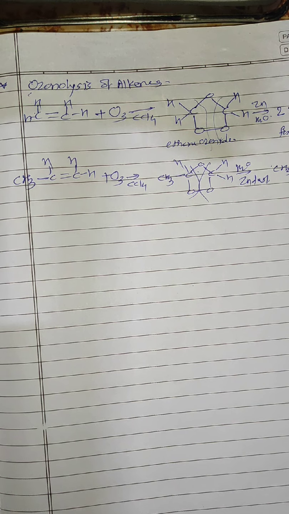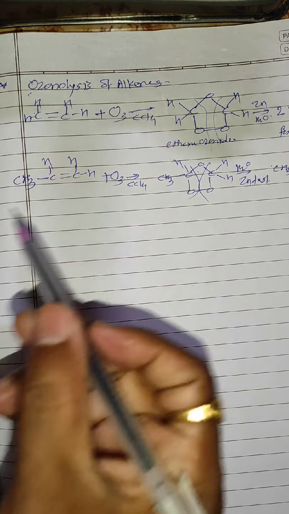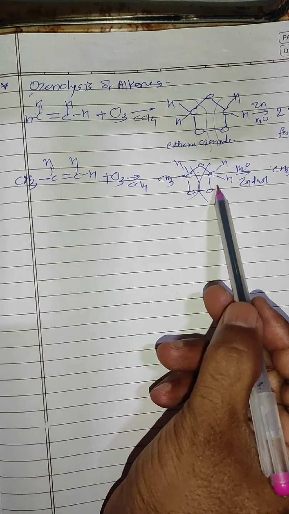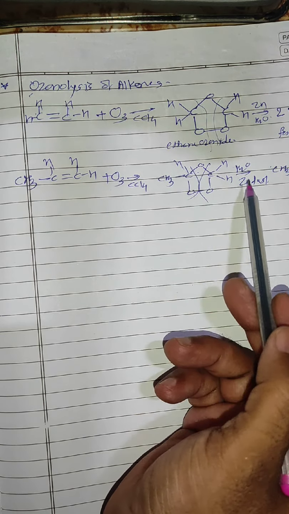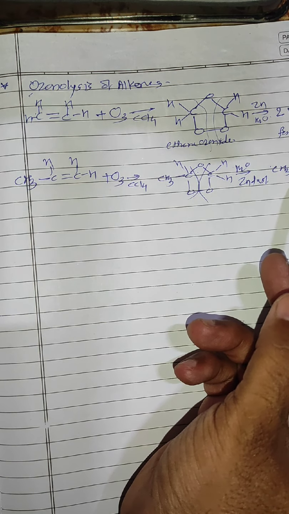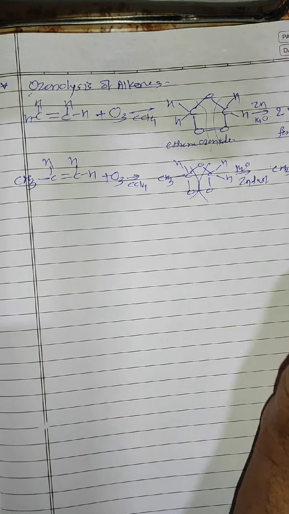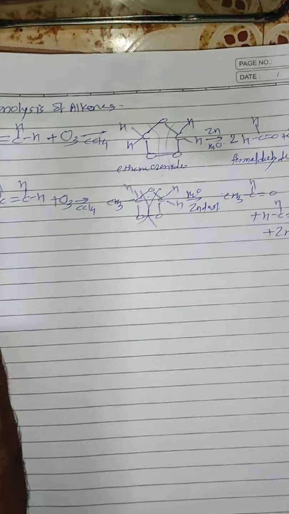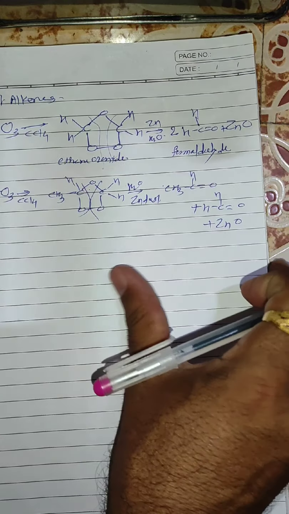So this is the ozonolysis of alkene. Alkene like propene is treated with ozone to form propene ozonoid, which is treated with zinc dust in presence of water to form a mixture of acetaldehyde and formaldehyde with zinc oxide, ZnO.